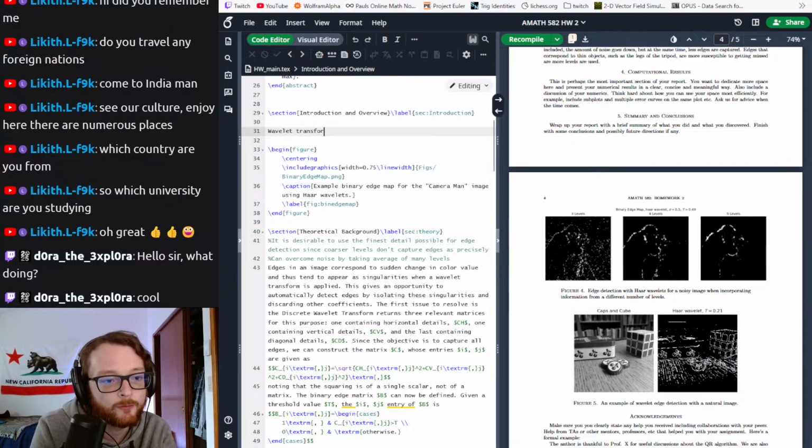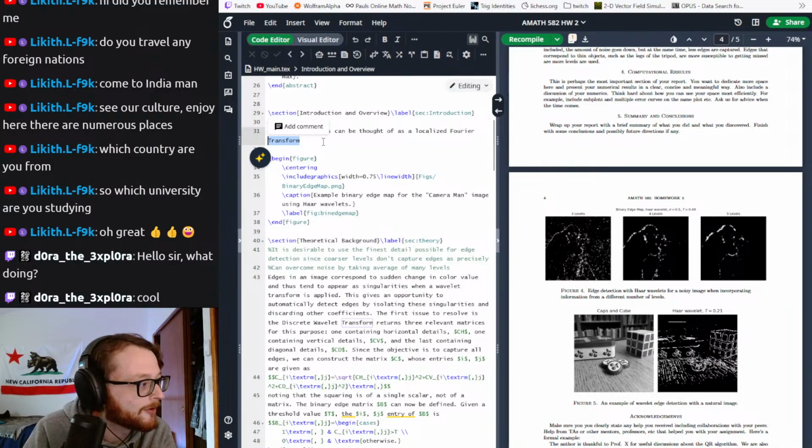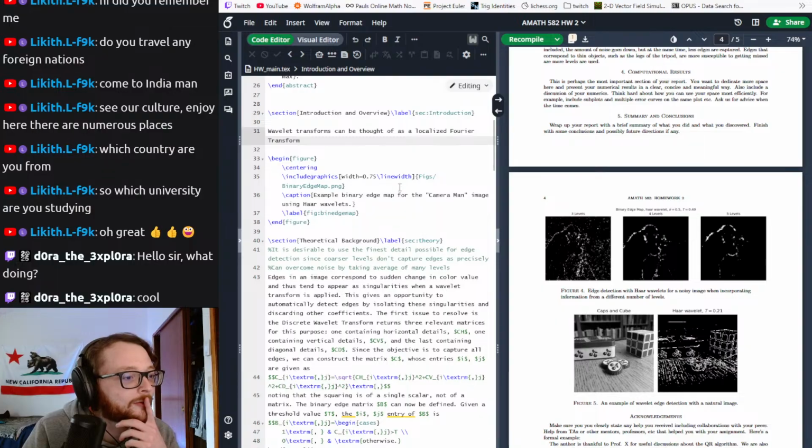Wavelet transforms can be thought of as a localized Fourier. Do I capitalize the T in Fourier transform or not? This is pretty meaningless, but I'm going to debate this nonetheless.